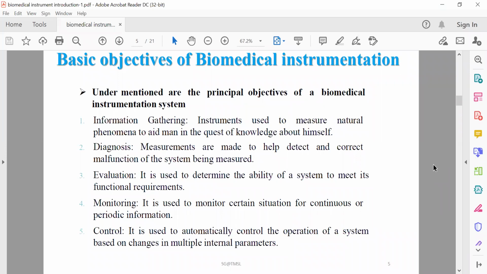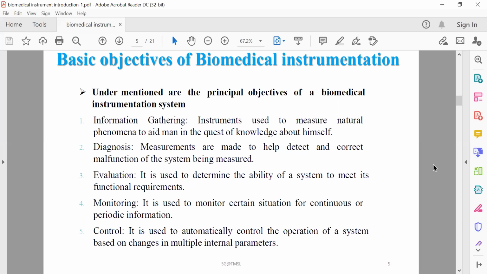The second objective is diagnosis, for the detection and hopefully the correction of some incorrect behavior of the system which is being measured. This type of instrumentation is called troubleshooting equipment.